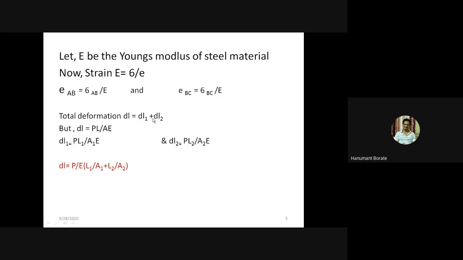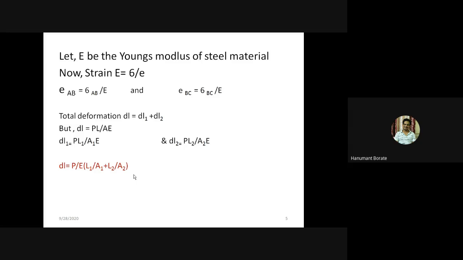Now put the values of delta L1 and delta L2 in this equation. So we'll get delta L equal to P by E into (L1 by A1 plus L2 by A2). Okay. So in this way we can calculate the deformation whenever members are in a series.